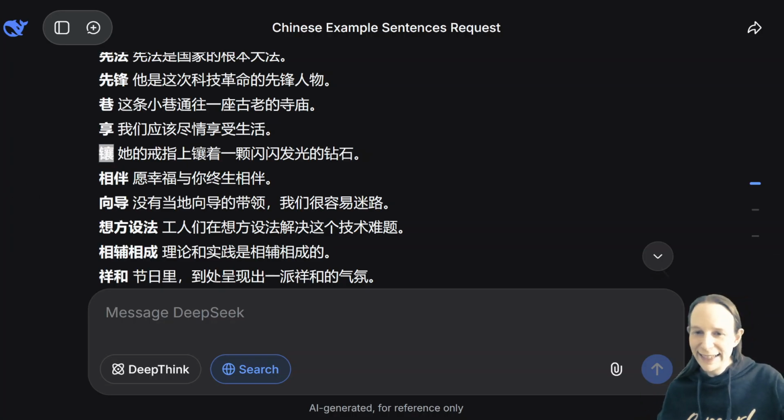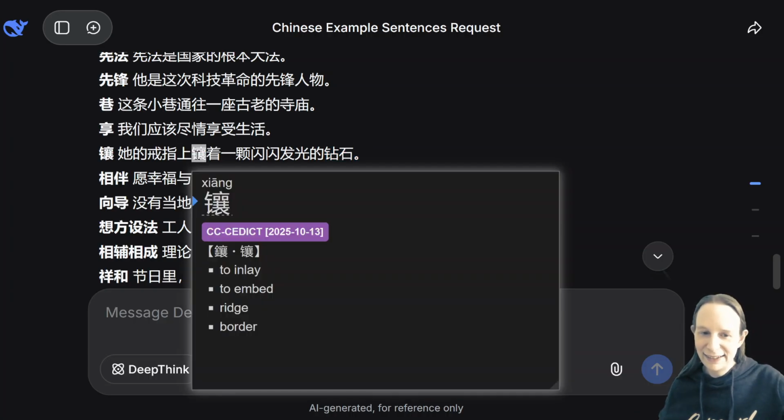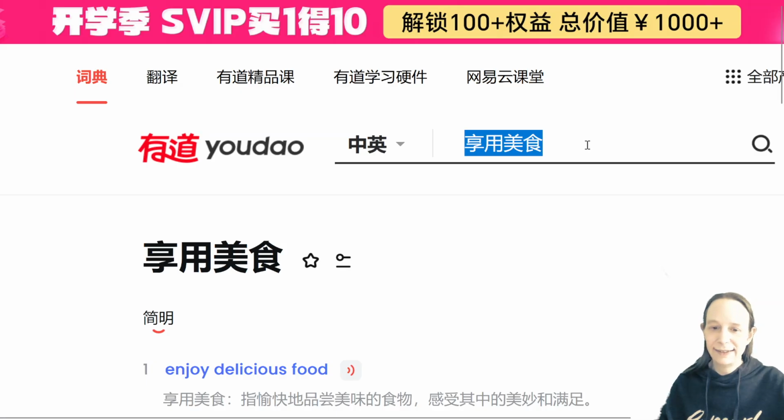We saw 相欠 and I said 相 and 欠 both mean 相欠, so this is going to be the same thing. 他的戒指上镶着一颗闪闪发光的钻石. Yeah, so 镶 and 嵌, they're kind of inlaid, right? 镶嵌.